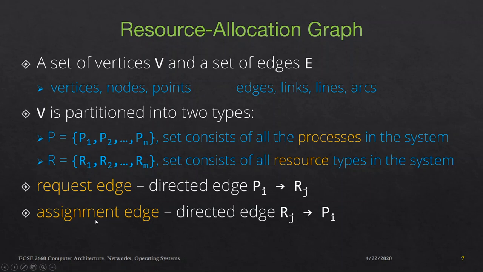The other type of edge is called the assignment edge or the allocation edge. It is also a directed edge, but it is pointing the other way. So Rj, the jth resource type, is assigned or allocated to the ith process. So it points from the resource type to the process. Both of them directed. So all we have is a graph of vertices that are interconnected using directed edges.